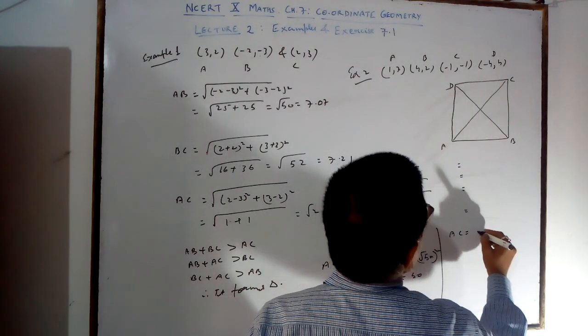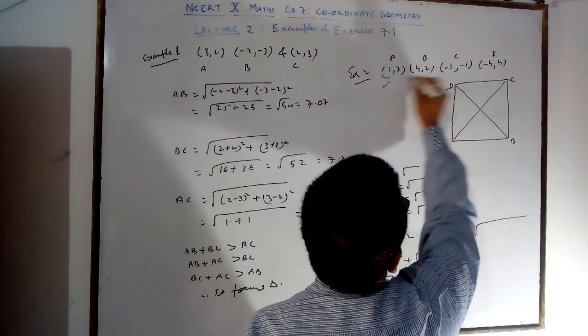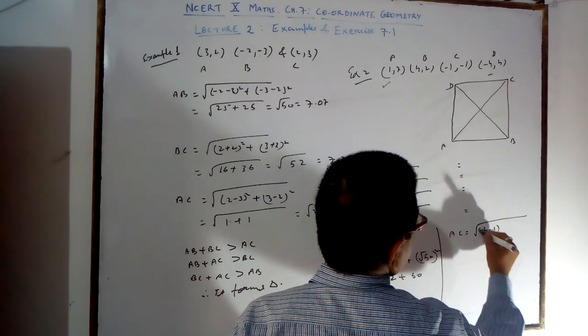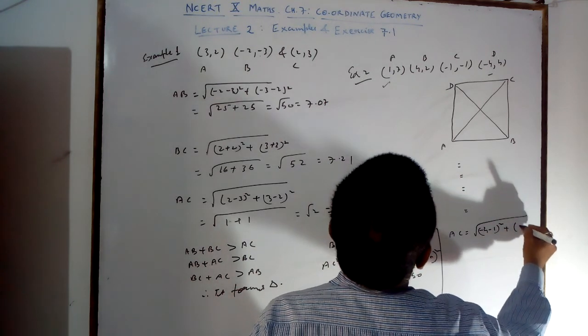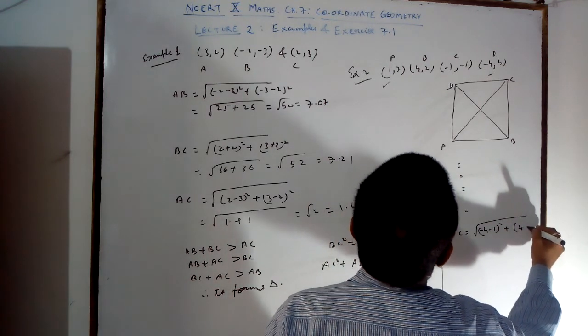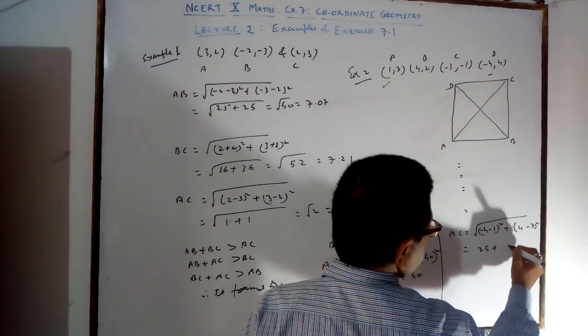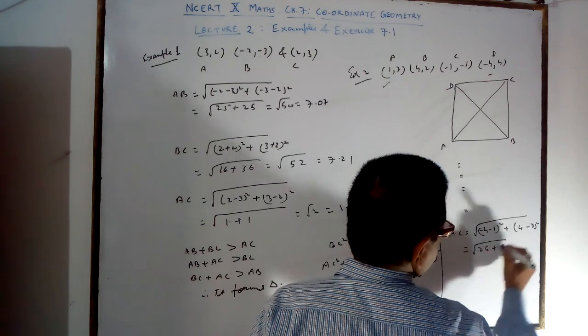AC you find out. If it is A and it is C: minus 4 minus 1, square, plus 4 minus 7, square. That will be 25 plus 9.